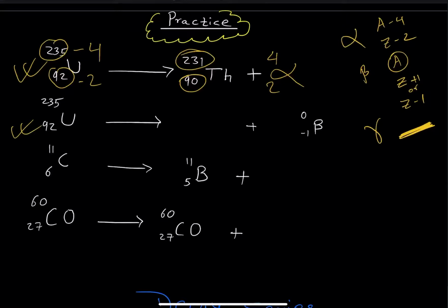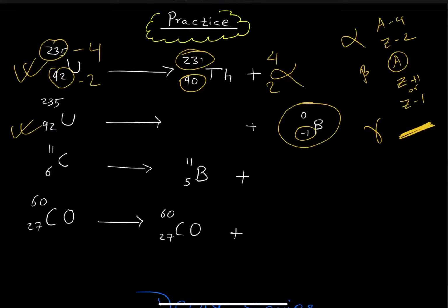It's the same thing, uranium, right? You have 235 and 92, but we don't know the element now. Is the element going to change? Yes, because it is a beta decay. We know this one, right? But look, it is a beta minus decay. That means whatever element comes here, you have to do something interesting.